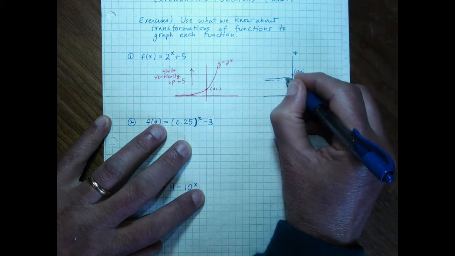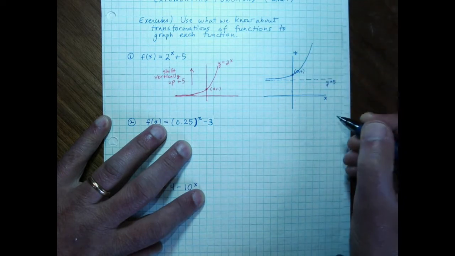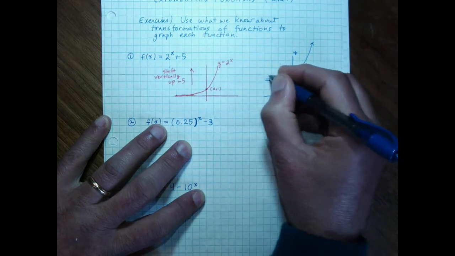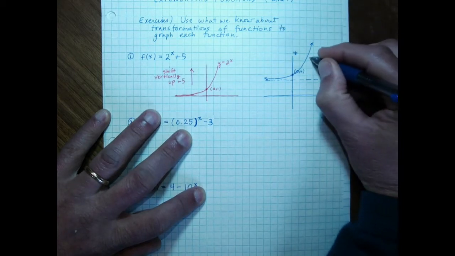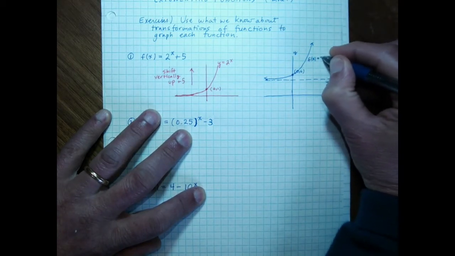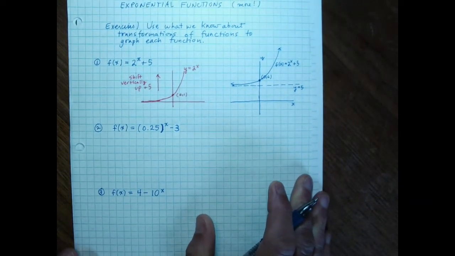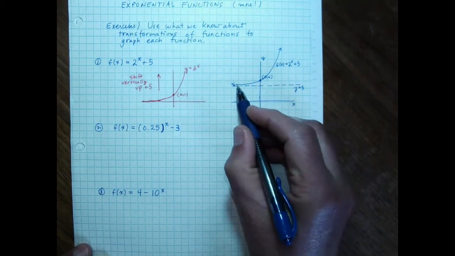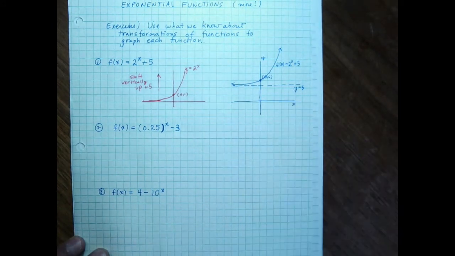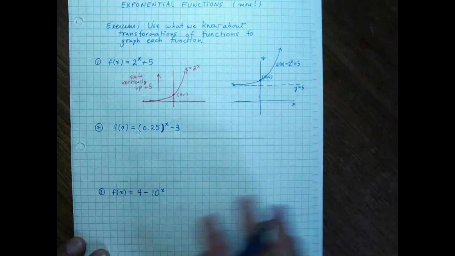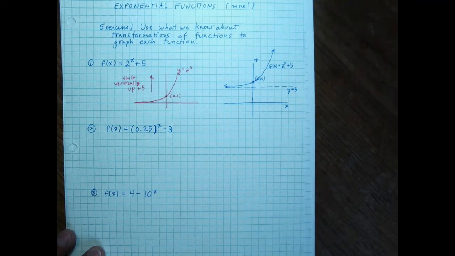I can draw my graph close to the horizontal asymptote, and then it takes off like so. Here's f of x equals 2 to the x plus 5, my final graph. I've labeled the y-intercept and the horizontal asymptote, and that horizontal asymptote is absolutely essential to understand that picture and how it relates to the original 2 to the x graph.